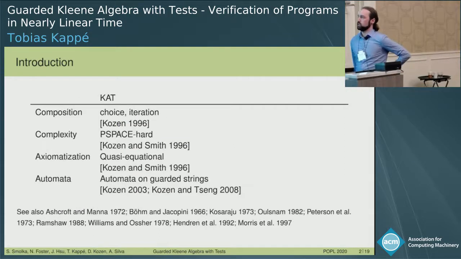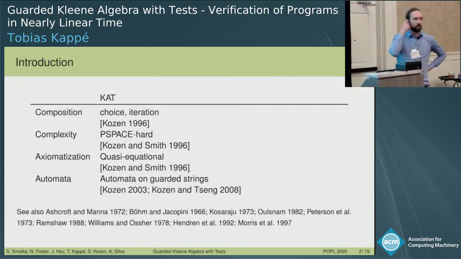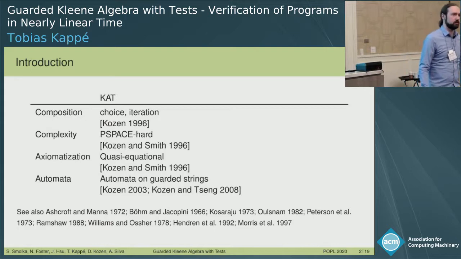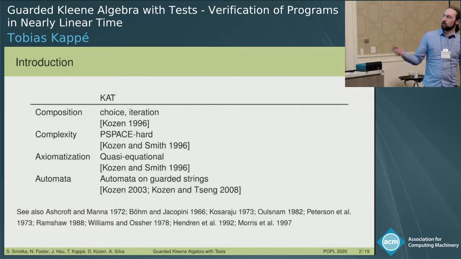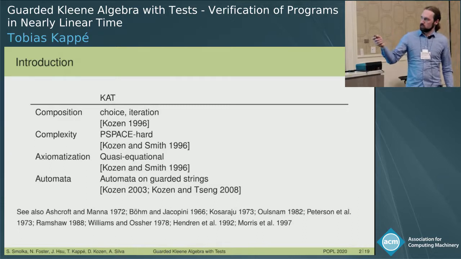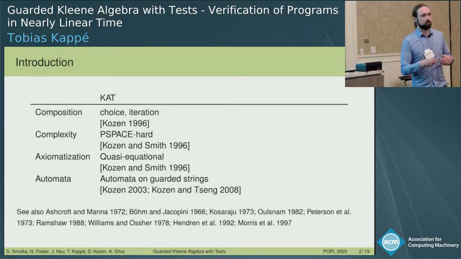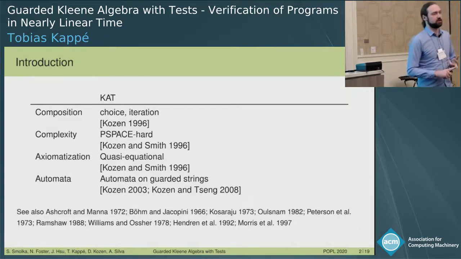So this question has been raised before. It's been studied extensively in the framework of Kleene Algebra with tests, which you may be familiar with, for instance, if you attended the tutorial on Monday. It's been studied for this large class of programs that's built from non-deterministic choice and non-deterministic iteration.